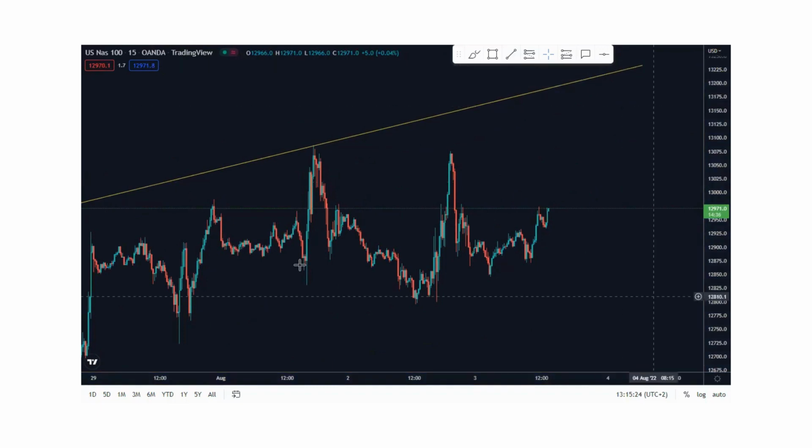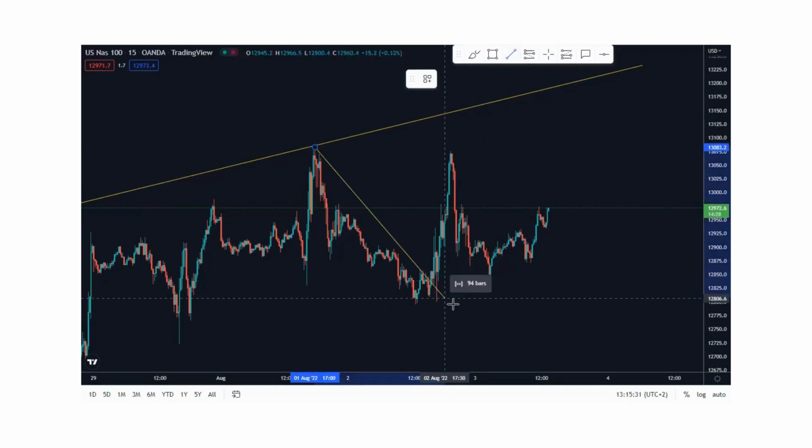Sorry. So yesterday what I saw is a continuation pattern. This is what I saw yesterday. It was like this, actually.